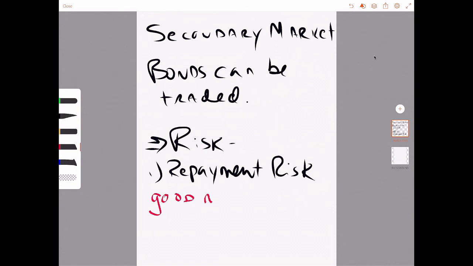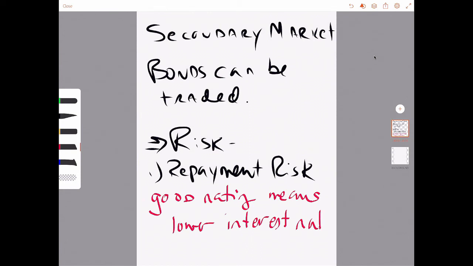A good rating in terms of risk means lower borrowing costs or lower interest rates. This is really good for the company. And it can be good for the person who holds the bond. It means that you're pretty sure that the company is going to repay you or the government is going to repay you. The better your repayment risk, the lower the interest rate.